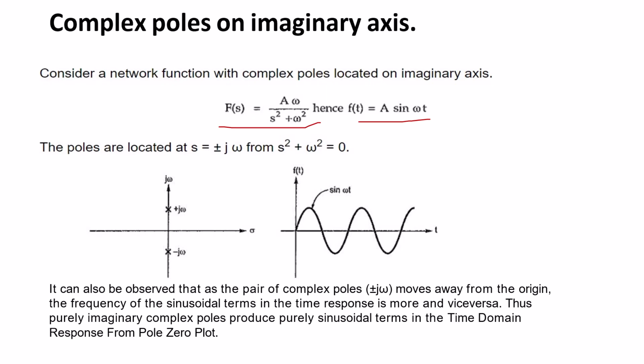With time, it will go on oscillating. This type of response is known as sustained oscillation, and the stability is marginal stability. So if we have poles located on the j omega imaginary axis, we get sustained oscillation as t increases, and the system is marginally stable. Whenever we have poles located on the imaginary axis, this type of system is known as critically stable.